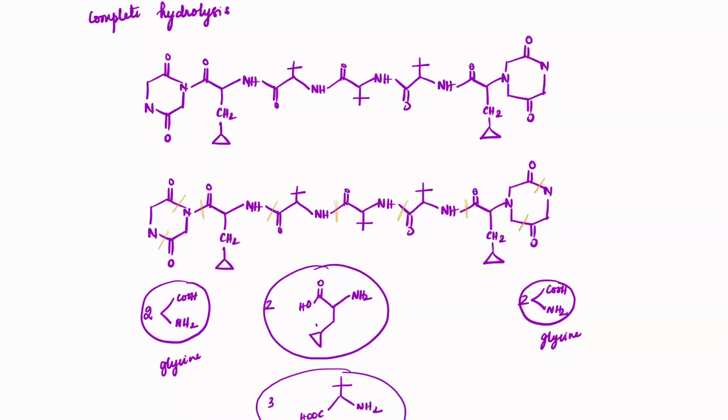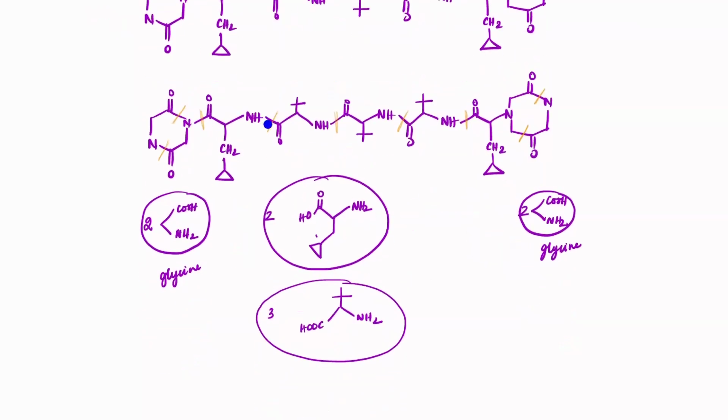After breaking all of this, can you see this side and this side? What are we getting? We are getting two glycines, 2 moles of glycine. And here we have an acid with this group, and the same group we are getting here also. So 2 moles of this group we will get.